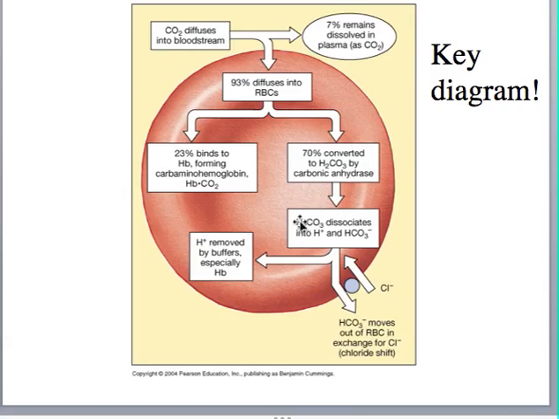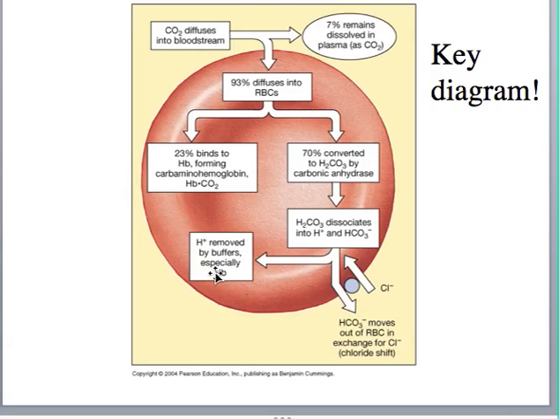And then we know that H2CO3, carbonic acid, will dissociate or break down into hydrogen ions and bicarbonate ions. Now the hydrogen ions will be removed by buffers, especially hemoglobin. Remember, proteins can act as buffers.